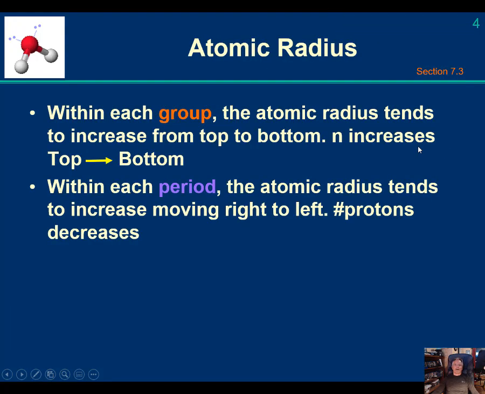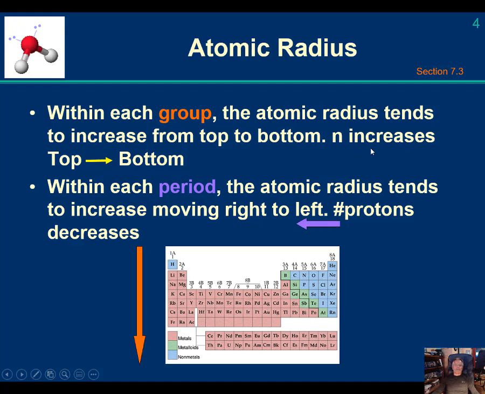So let's talk about periodic trends. Within each group, the atomic radius tends to increase from top to bottom, and that's really because, as you go further down the periodic table, we're going from n equals 1 to n equals 2, n equals 3, n equals 4, and so on down the periodic table.